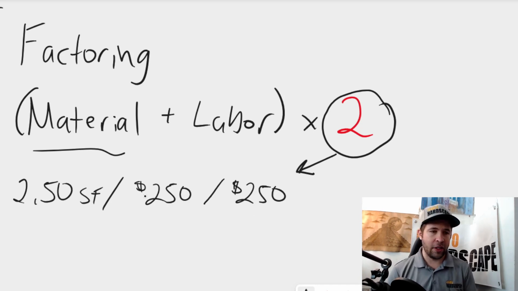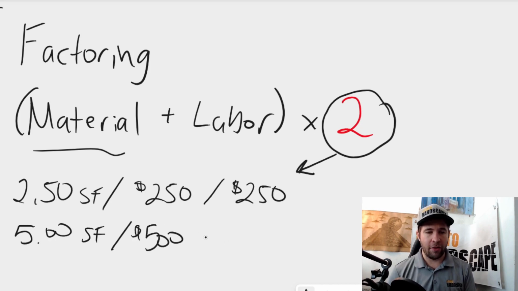and $250 for our gross profit margin. Now, if we step this up and we are going to install those 13 by 13 slabs, so they are maybe double the price at $5 a square foot. And so that 100 square foot patio is going to be $500 in materials. And this is going to give us $500 now in gross profit for our pavers.